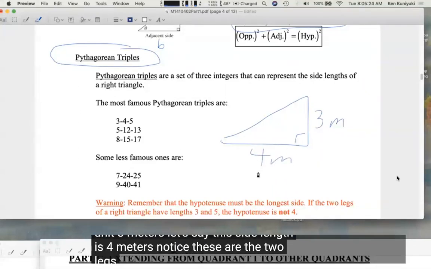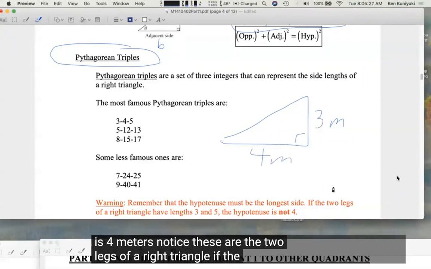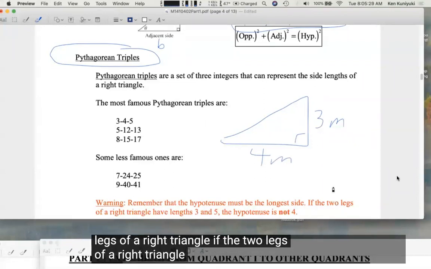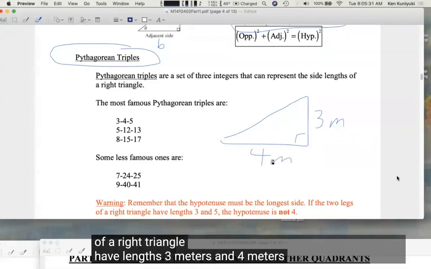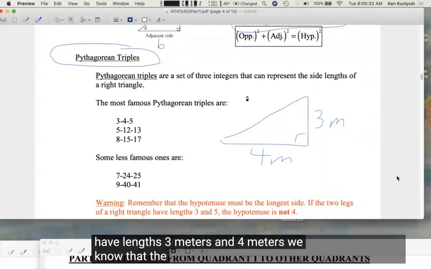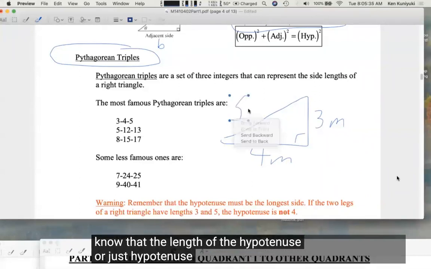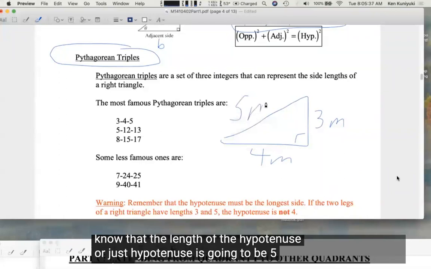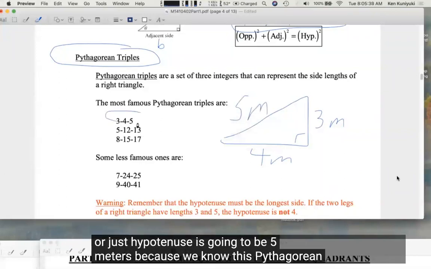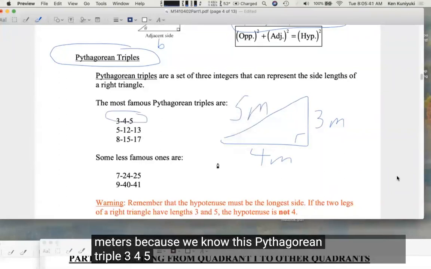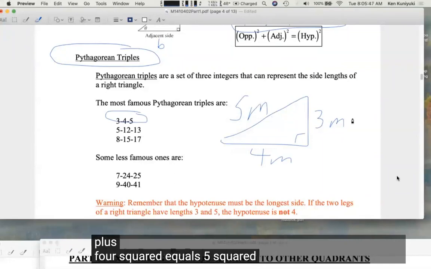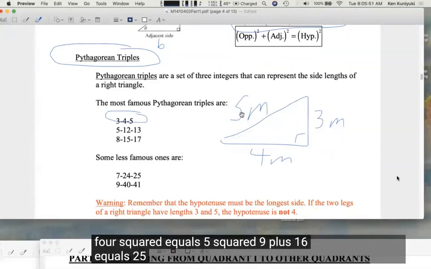Notice these are the two legs of a right triangle. If the two legs of a right triangle have lengths 3 meters and 4 meters, we know that the hypotenuse is going to be 5 meters, because we know this Pythagorean triple, 3, 4, 5. That's because 3 squared plus 4 squared equals 5 squared. 9 plus 16 equals 25.